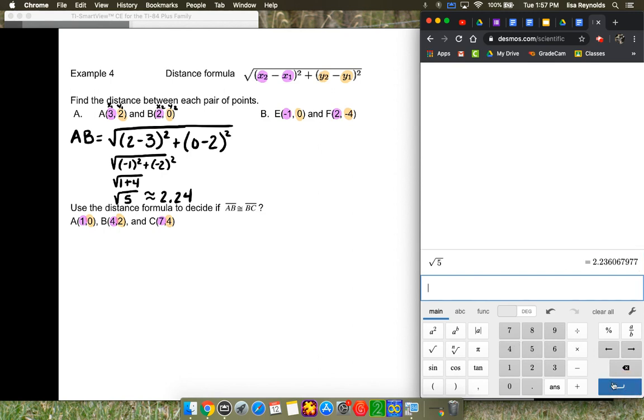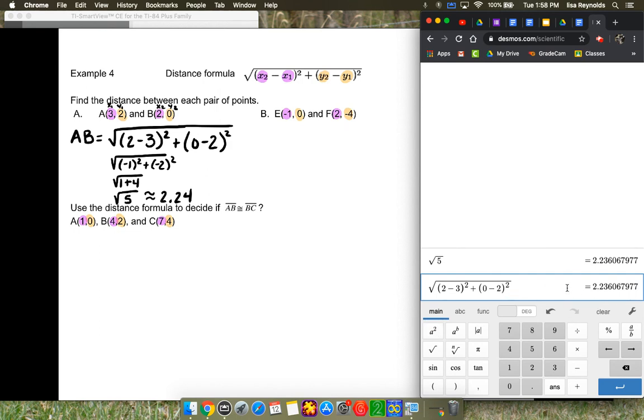Now, you can do all of this in the calculator at once. You can type in parenthesis 2 minus 3, close the parenthesis squared, plus parenthesis 0 minus 2, close the parenthesis squared, and you'll see that it gives you the exact same answer.